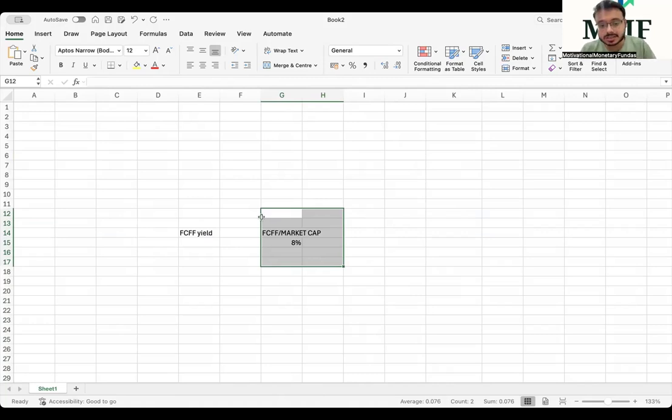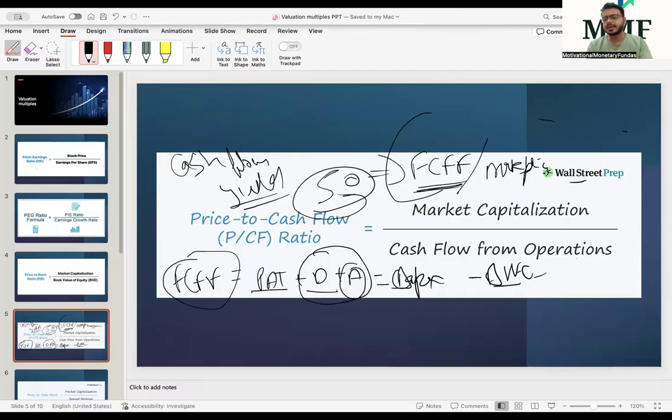Correct? So this is the way we can calculate cash flow yield for a firm. And how to calculate the price by the cash flow? Coming back here, the free cash flow multiple, the current market price divided by the cash flow per share, the OCF per share, or simply the total market cap of the company divided by the total cash flow from the operations.